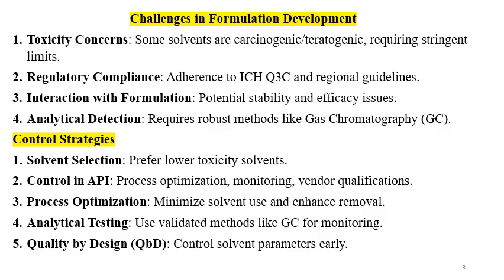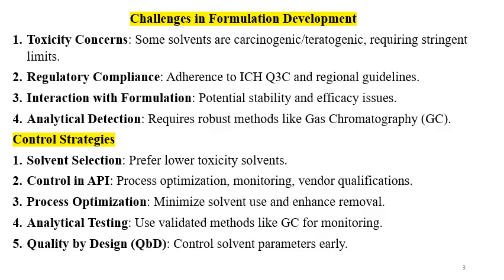Control strategies for residual solvents. For solvent selection, as I have mentioned, prefer lower toxicity solvents like Class 3. Control in the API, process optimization, monitoring, and vendor qualification can be done to control solvents in the API. But generally the suppliers control the residual solvents in the API.